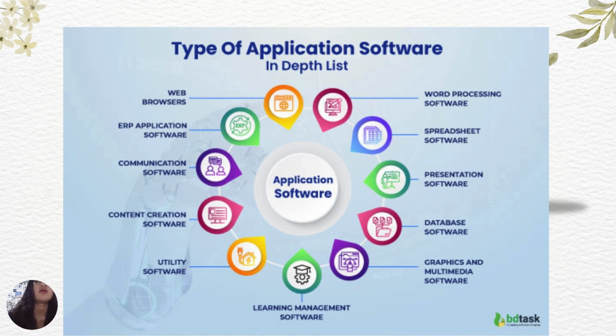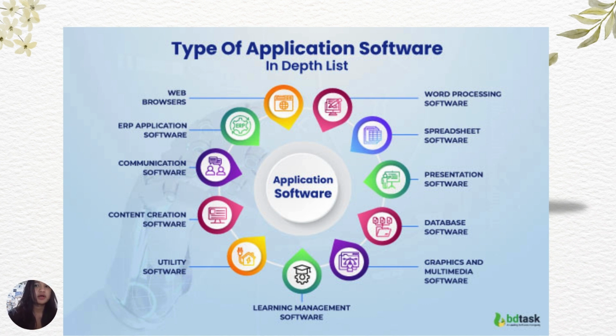So there is a lot of application software, like web browsers. What are those web browsers? There's Safari, Google, and ERP application software. When it comes to ERP, there are a lot of applications, like when you have to integrate a website with APIs.